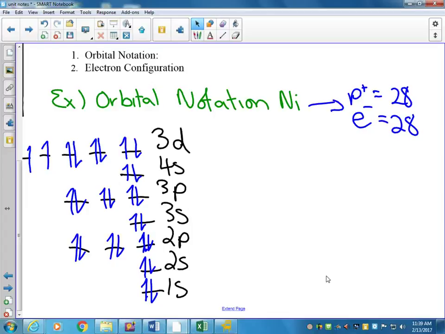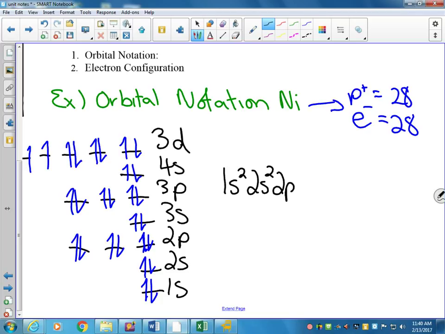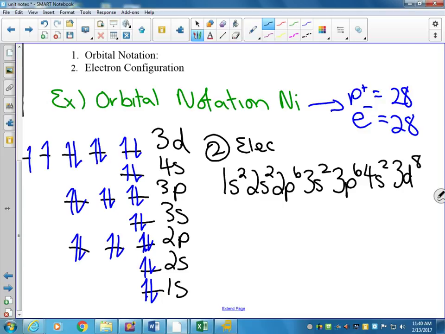The electron configuration goes as such: 1s2, 2s2, 2p6, 3s2, 3p6, 4s2, 3d8. This is the electron configuration for nickel.